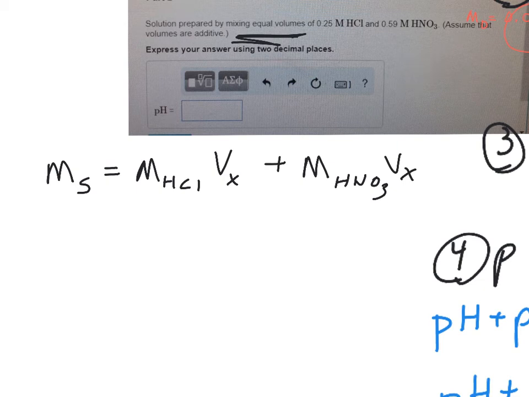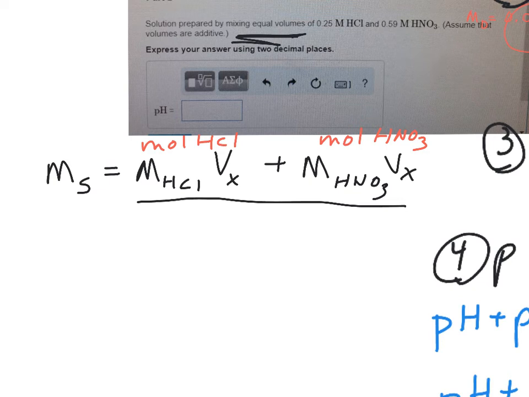What am I doing right here? Molarity times volume gives you moles, right? So that would be my moles of hydrochloric acid. That would give me my moles of nitric acid by multiplying molarity times the volume.